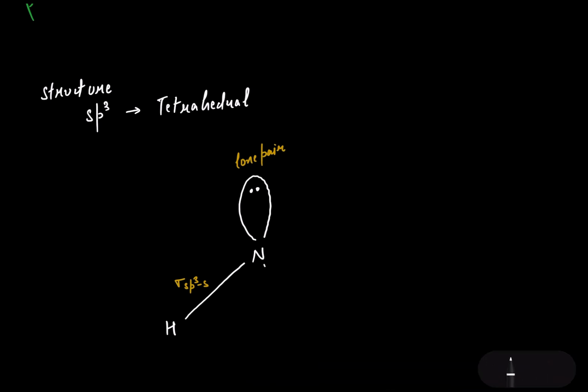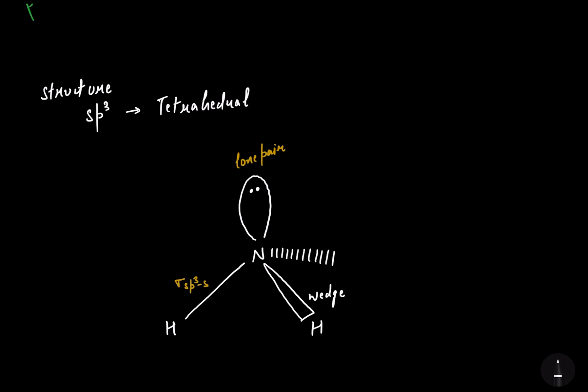Now this is the wedge bond. I'm saying it's wedge bond to specify that this bond of nitrogen with hydrogen is coming out of the screen, and the another one is the dash bond. This is the dash bond that has been formed between the nitrogen and the hydrogen, and this dash bond stands for this is going inside the screen.